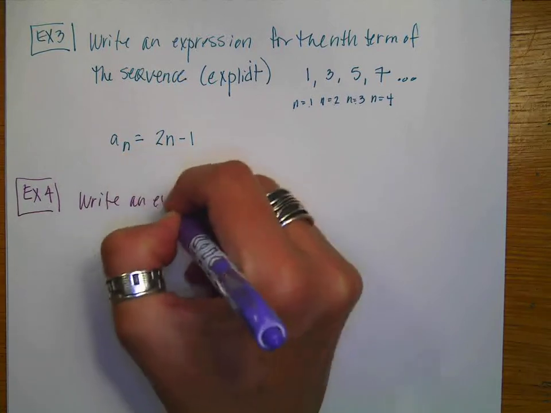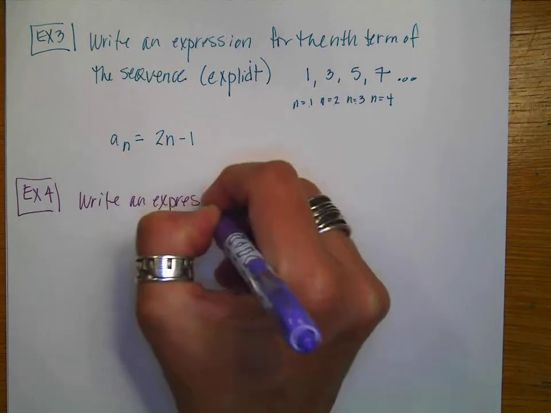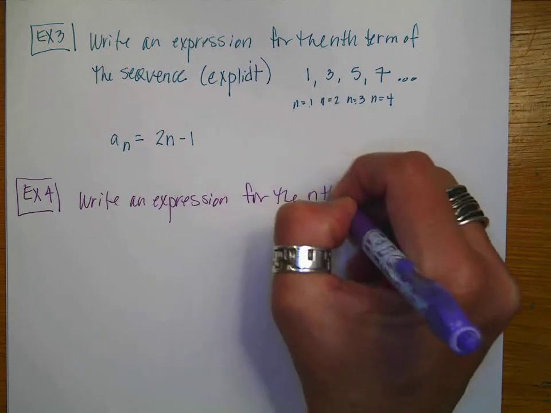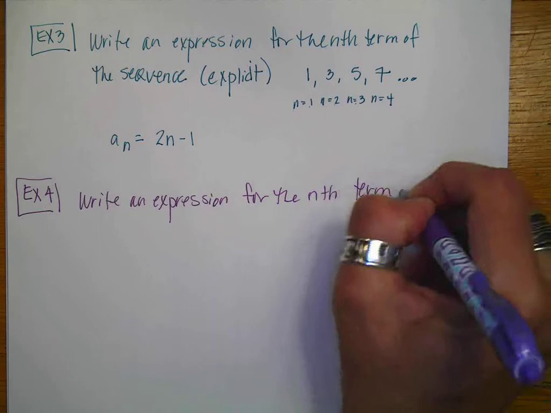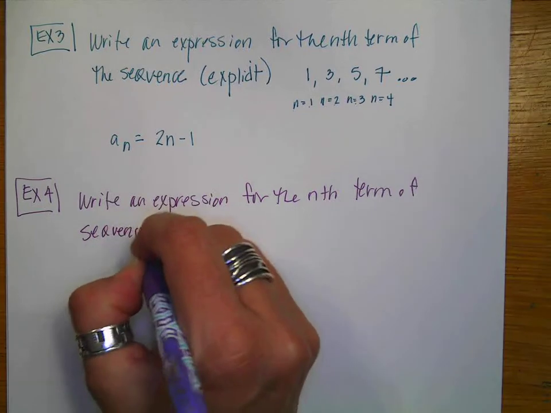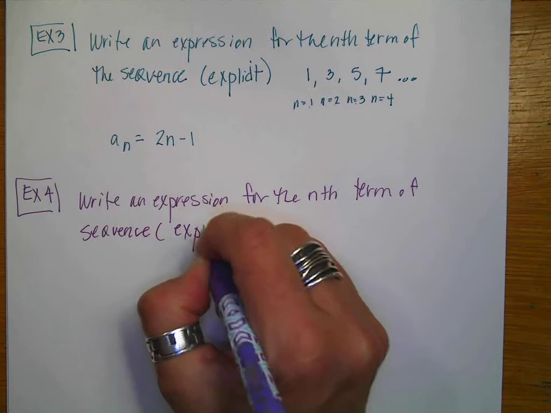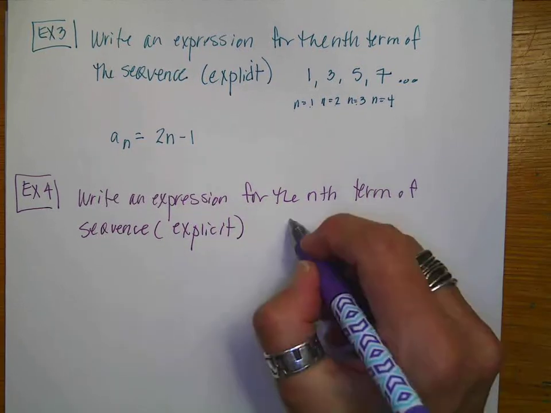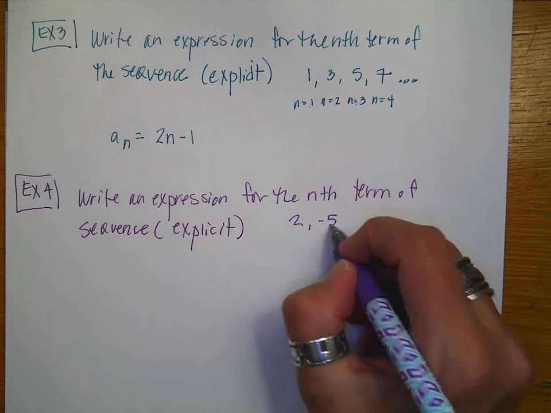Example number 4 says write an expression for the nth term of the sequence. And again, I'm going to do this one with explicit. There's a time and a place for recursive.